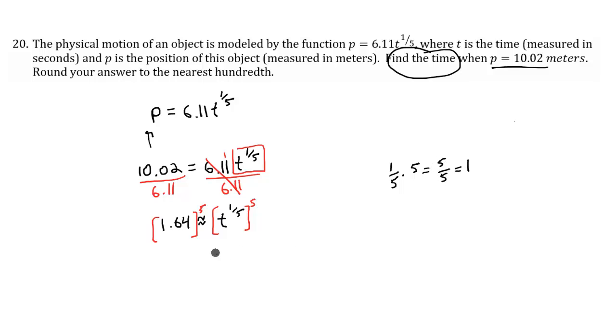So on the right side here, I'm just left with t to the 1st power, right? And then that's going to be approximately 1.64 to the 5th power, which is about 11.86, and that's t, so that's going to be seconds. So that's going to be 11.86 seconds, and that's going to be my final answer.